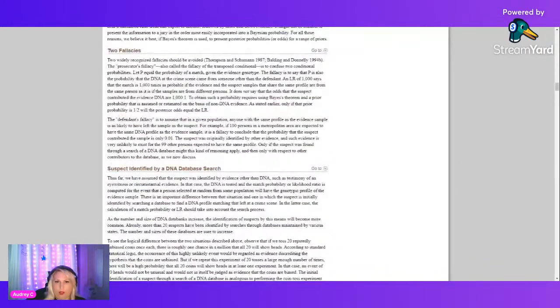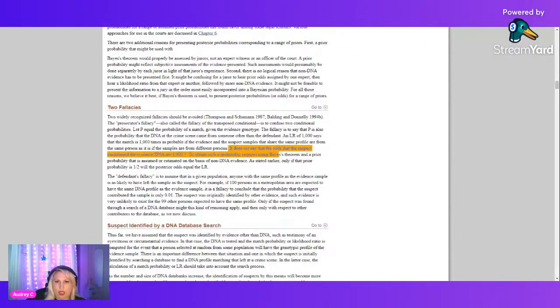But if you look here, it does not say that the odds that the suspect contributed the DNA evidence are 1,000 to 1. And in one of those videos that we watched, sometimes when that happens, and I don't think the defense would bring this up if this weren't the case, the DNA evidence is actually exculpatory.